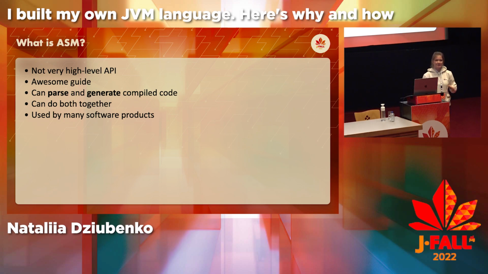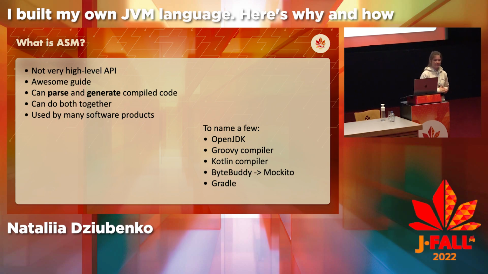What's nice about it is that it explains the internals of the JVM, and next to it, it also explains how you can use ASM to generate things like that. ASM can both generate and parse compiled classes. It can do both together to reflect some changes in real time, for example. It is used by many software products, and many compilers use it.